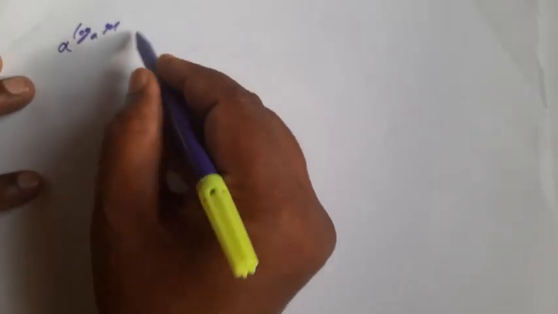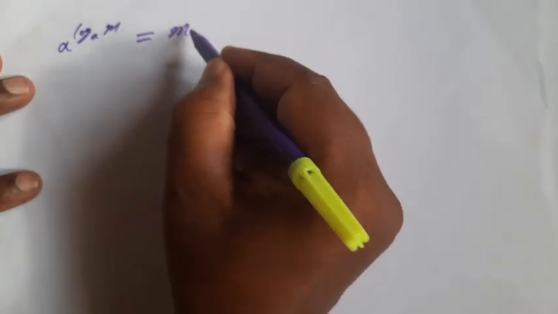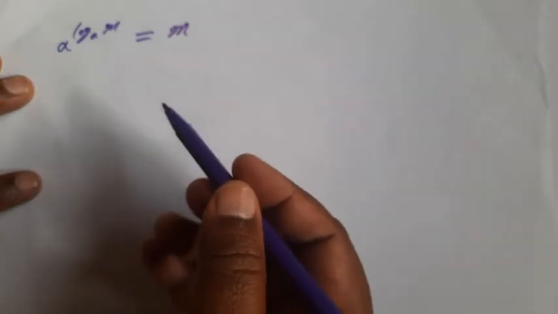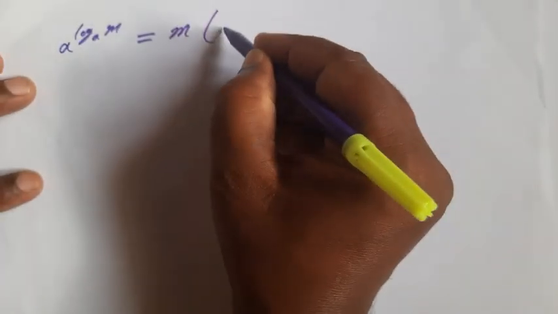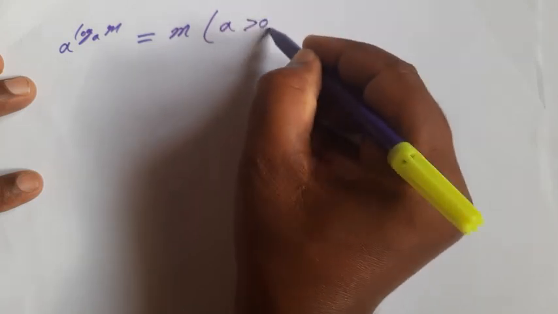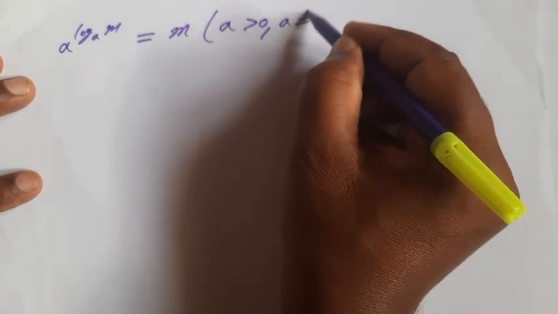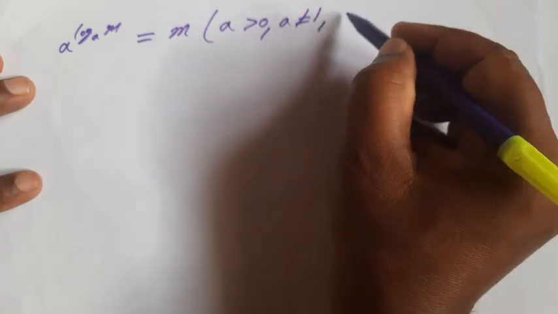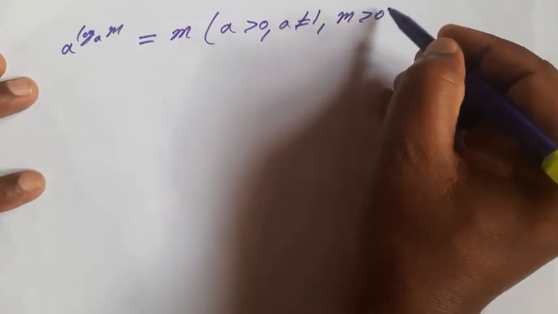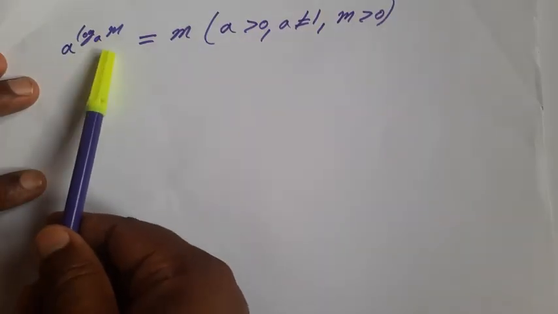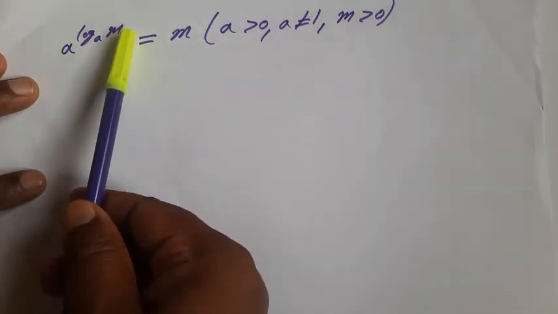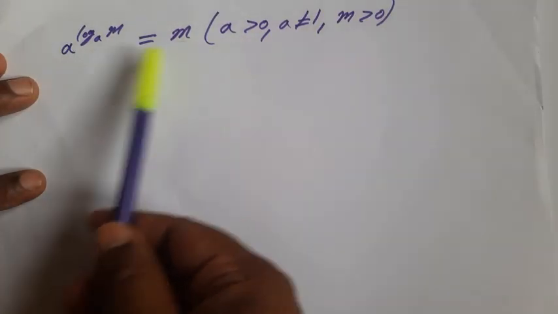M equals to what? If both are same, then it should be always same. Under certain conditions: a should be greater than 0 and a not equal to 1, and m greater than 0. In that case, a to the power of log a m equals m.